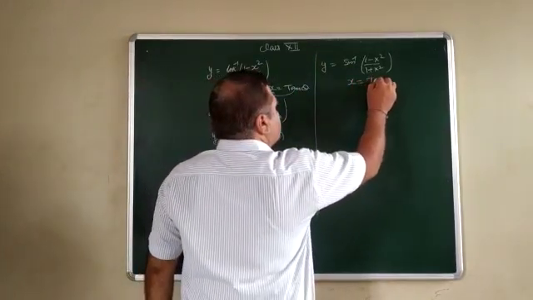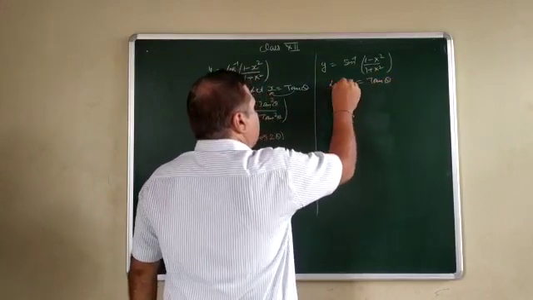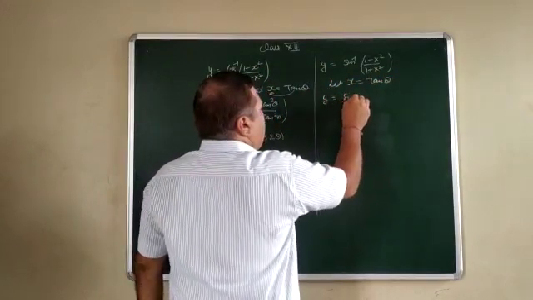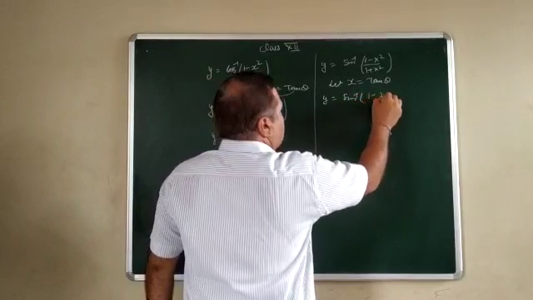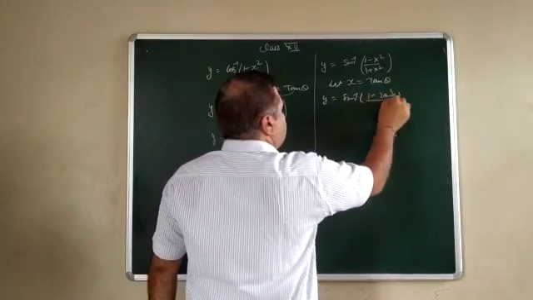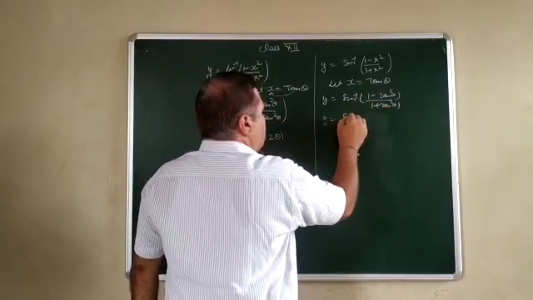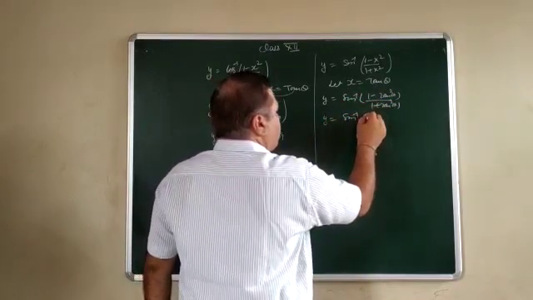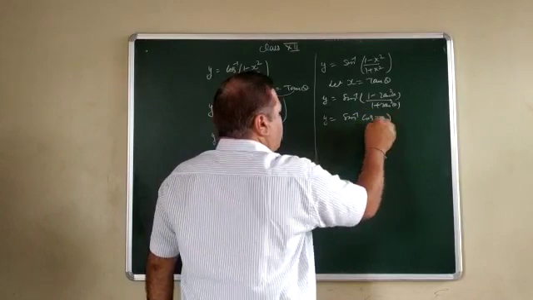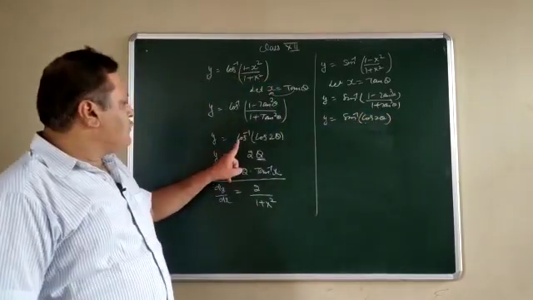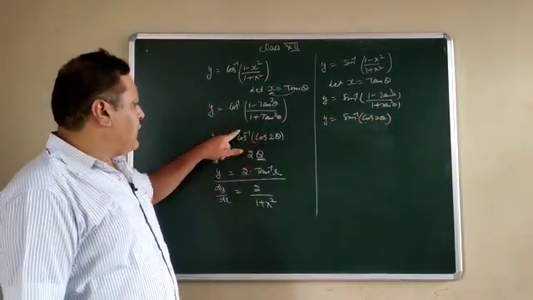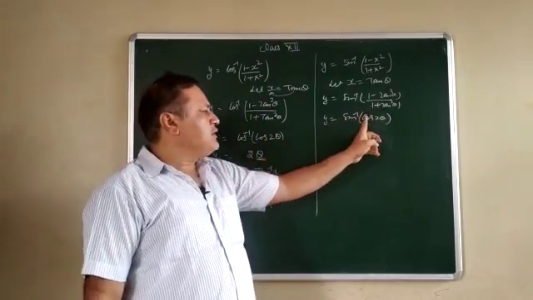Let x be equal to tangent theta, y is equal to sine inverse of (1 minus tangent square theta) upon (1 plus tangent square theta), y is equal to sine inverse cos of 2 theta. See, in the previous question cos inverse cos theta got cancelled. In this question it is sine inverse cos 2 theta.